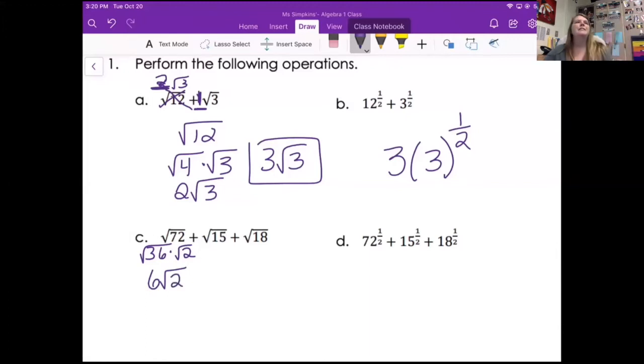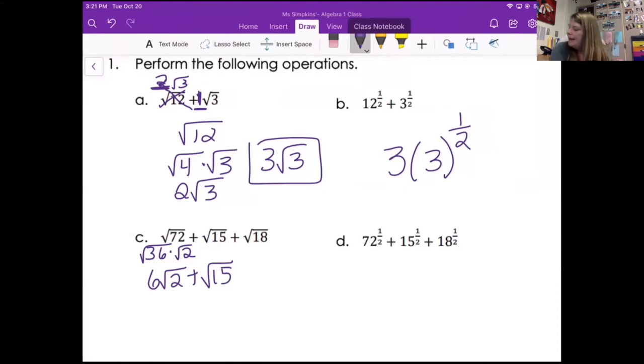What about 15? There isn't a perfect square, besides 1, but that doesn't really help us a whole lot. So we're just going to leave 15 by itself.